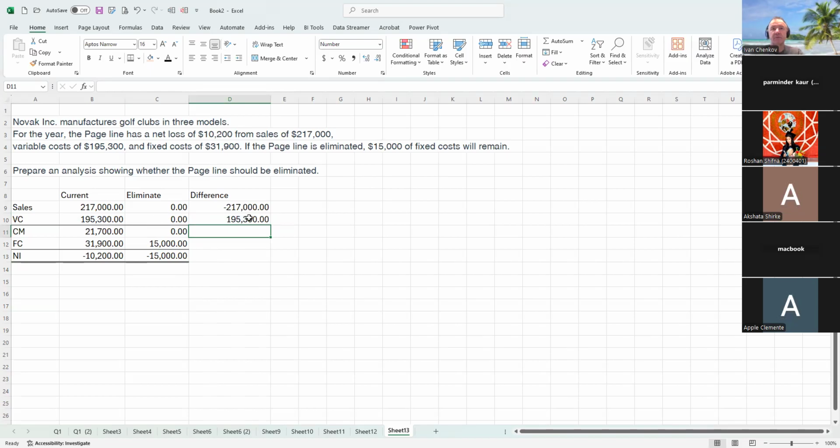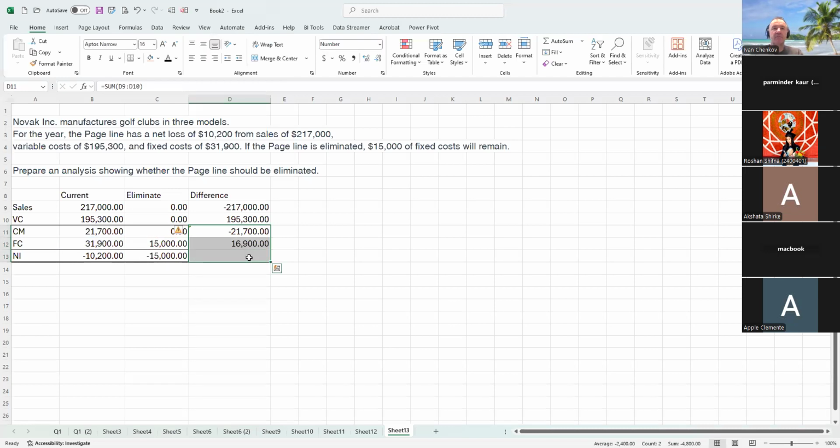But how much contribution margin am I going to lose? 21,700. I'm losing 21,700. How much am I saving? 15,000. Sorry, 15,000. So now that's this one minus that one, right? Yes. So I'm saving 16,900.